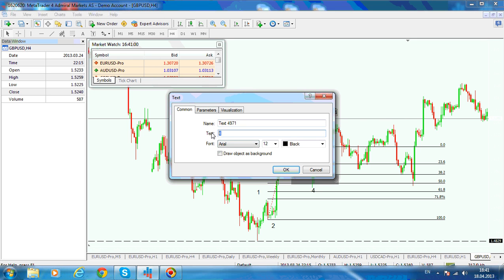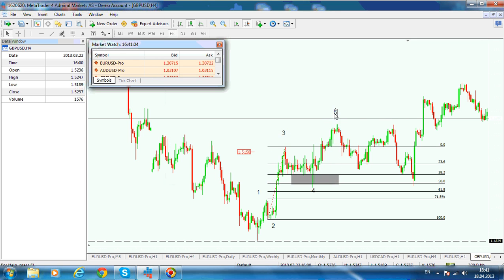Now this whole structure in here is called an impulse. And keep in mind this is a 4-hour chart, but on a higher degree, for example, this might look like only an impulse and then the move reverses to the downside.